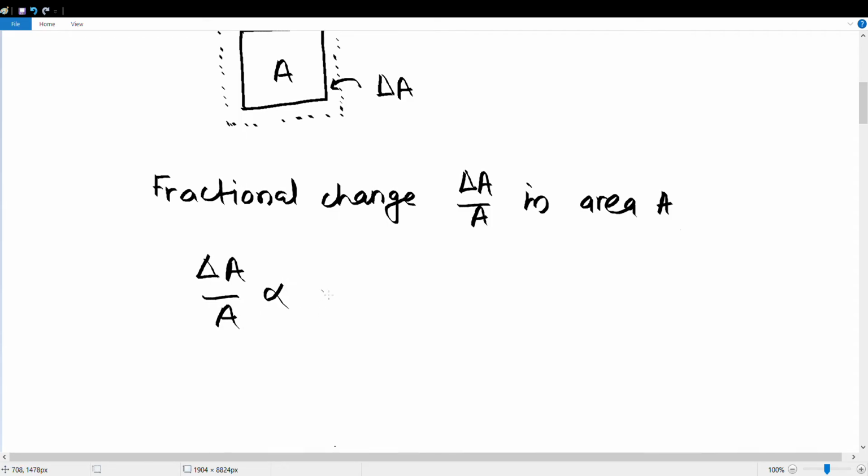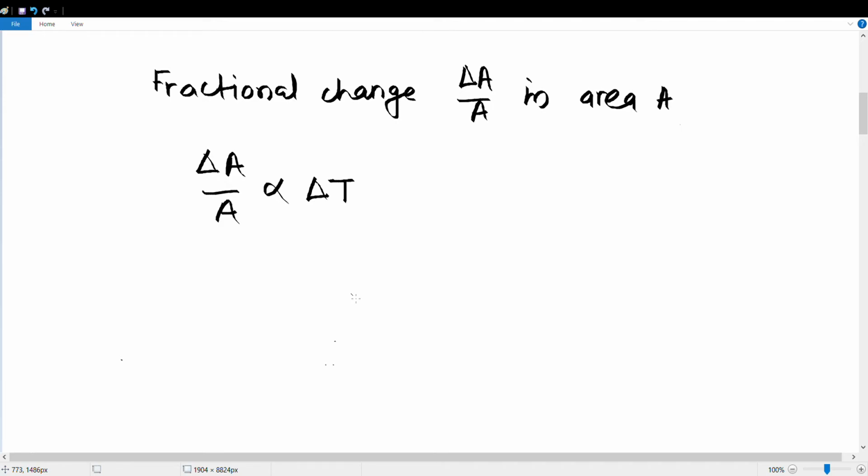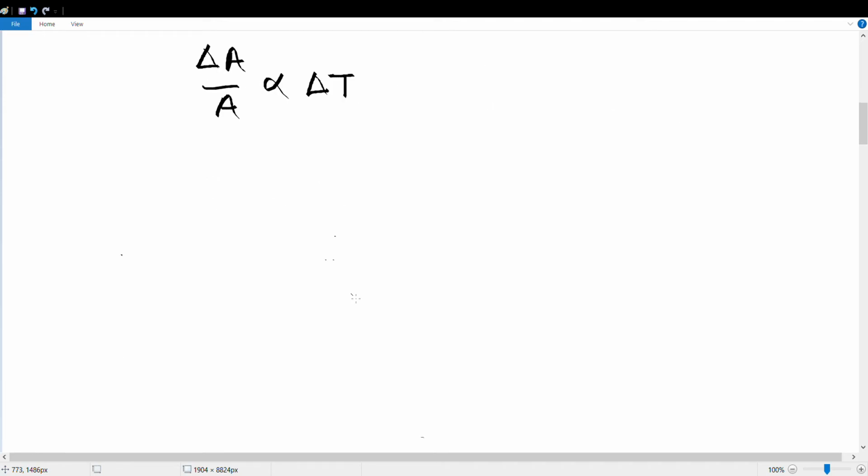This fractional change in area A is directly proportional to the change in temperature. If the temperature is increased, then the fractional change in area also increases.